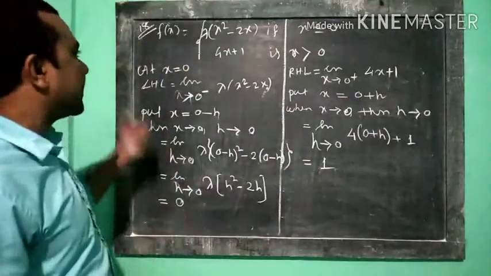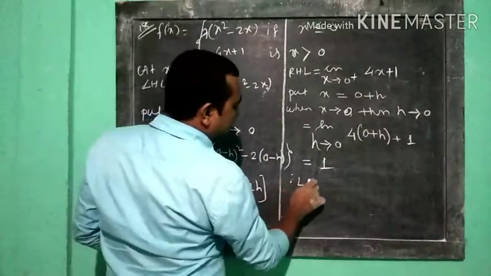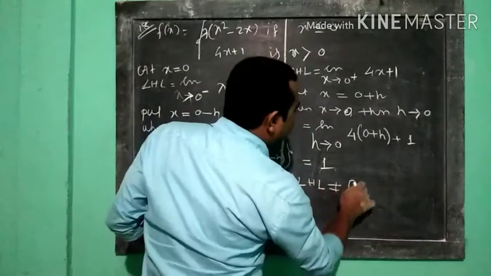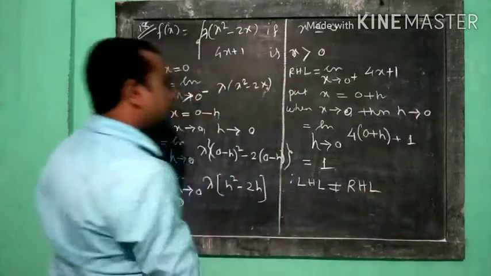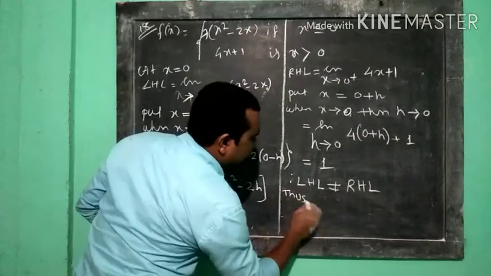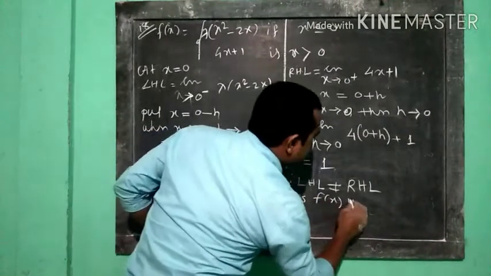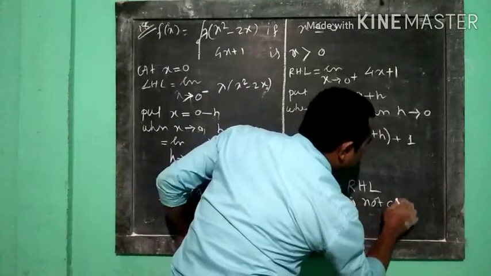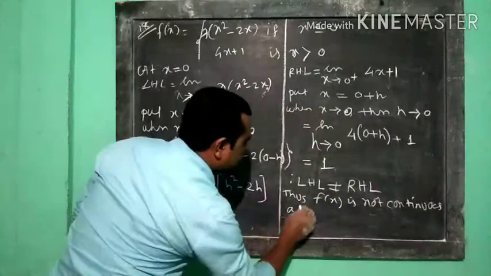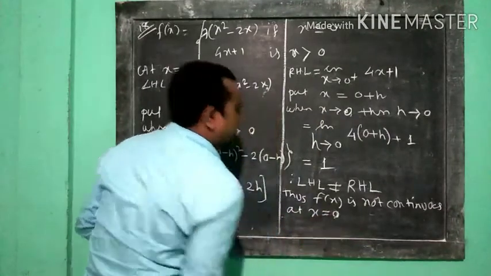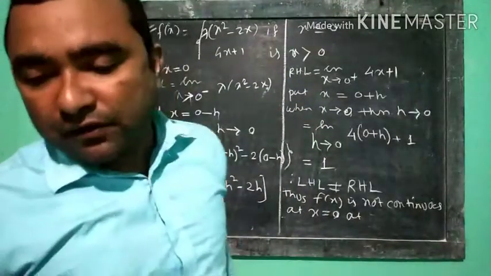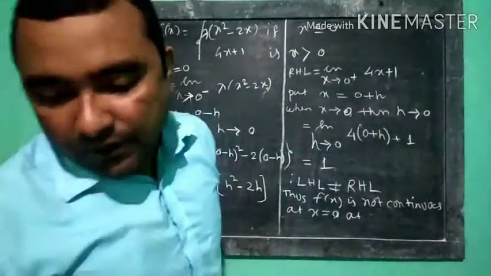Therefore the left hand limit and right hand limit are not equal. Left hand limit not equal to right hand limit. Thus f(x) is not continuous at x equal to 0 for any value of lambda.